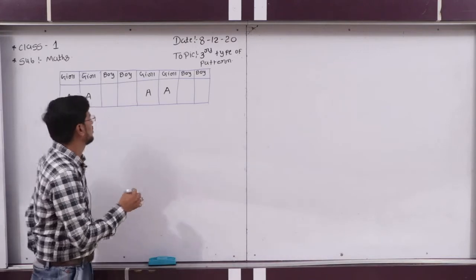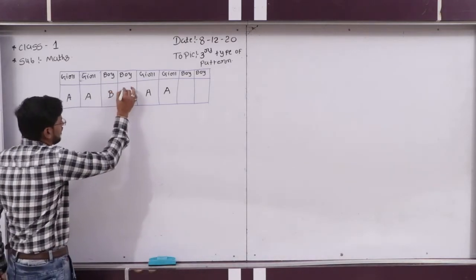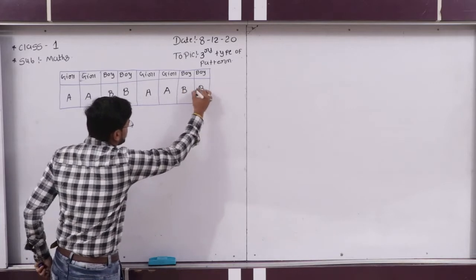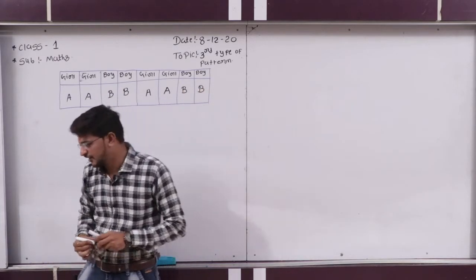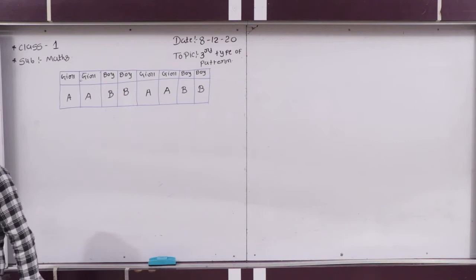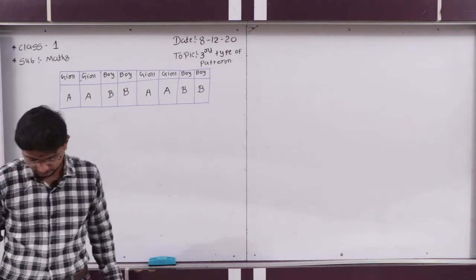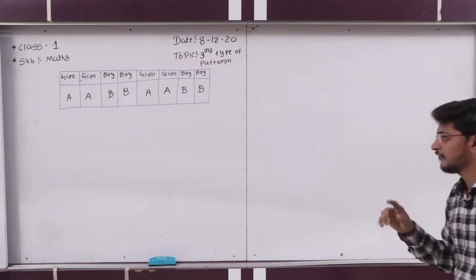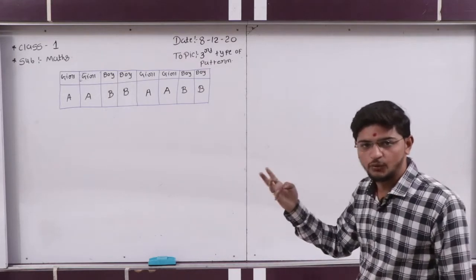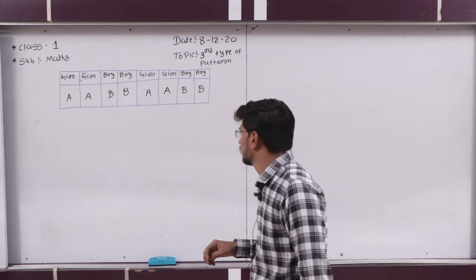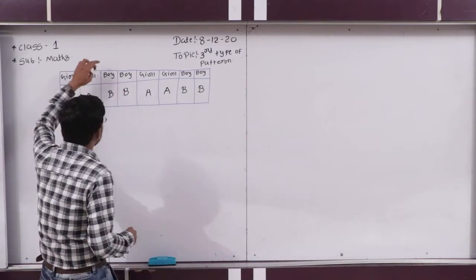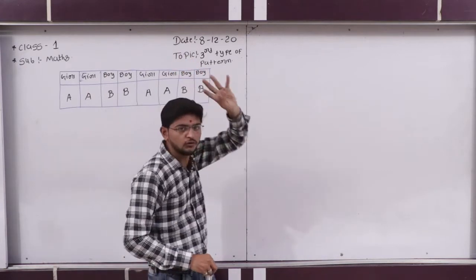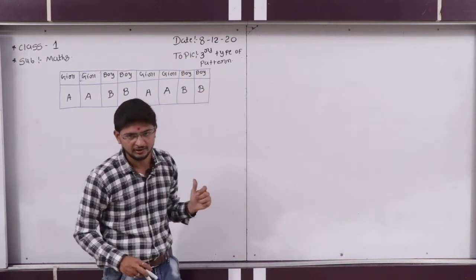So here boy, here also boy, here boy and here also boy. So our table is ready. This is the third type of pattern. For this pattern we need boys and girls. So 1, 2, 3, 4 girls and 1, 2, 3, 4 boys are in this pattern.